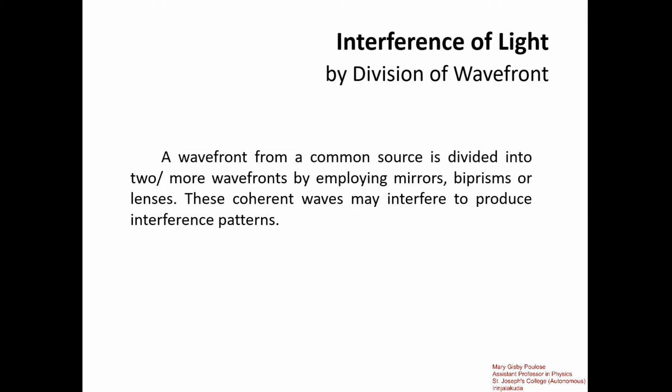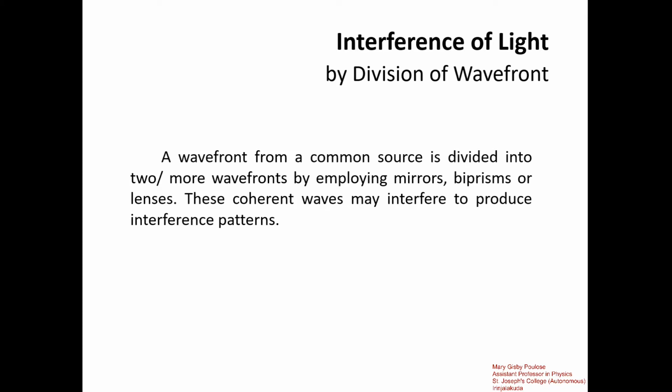So these wavefronts, by making use of mirrors or biprisms or lenses, can be divided into two or more wavefronts. So the resultant wavefronts are achieved from a common source. So all the wavefronts will be identical in nature. Hence, these wavefronts are coherent.